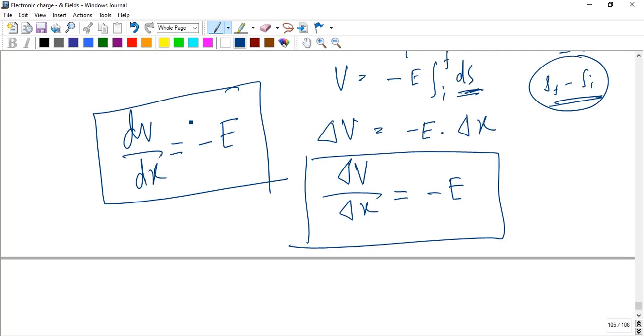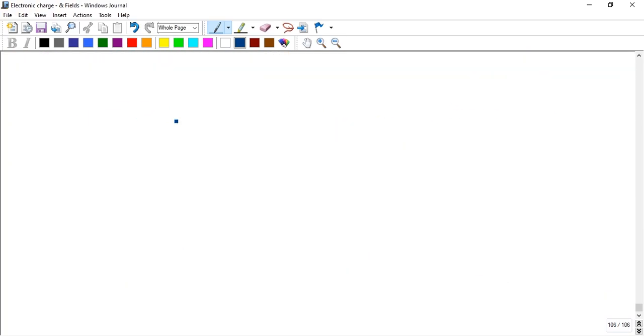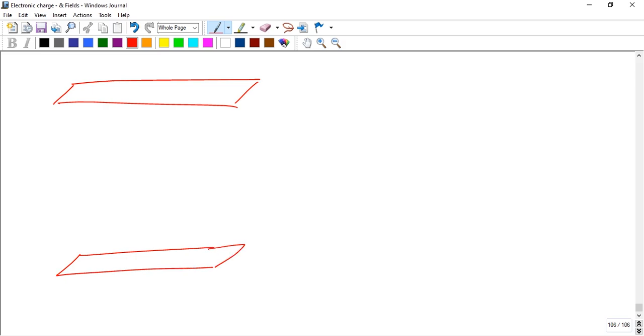The important thing here is this: suppose that's an equipotential surface, and suppose that's another equipotential surface. That is a high potential, that is a low potential, and the electric field goes from high potential to low potential, meaning the plus to minus direction.